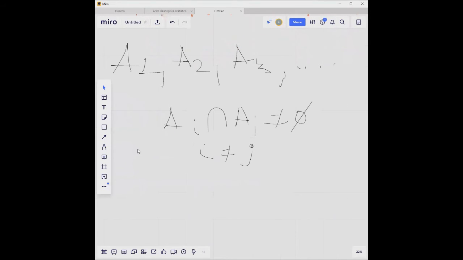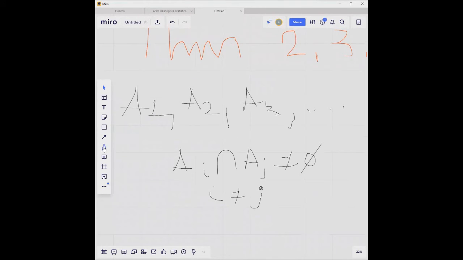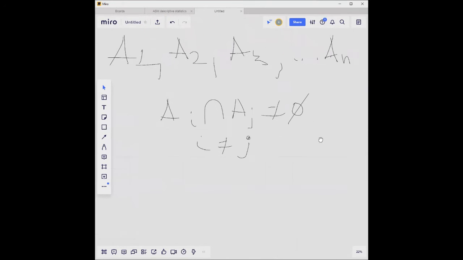Then the probability of, oh, I'm sorry, guys, this is not an infinite set of events. These are events A1 through An. Okay, so this is a finite collection of events A1 to An.